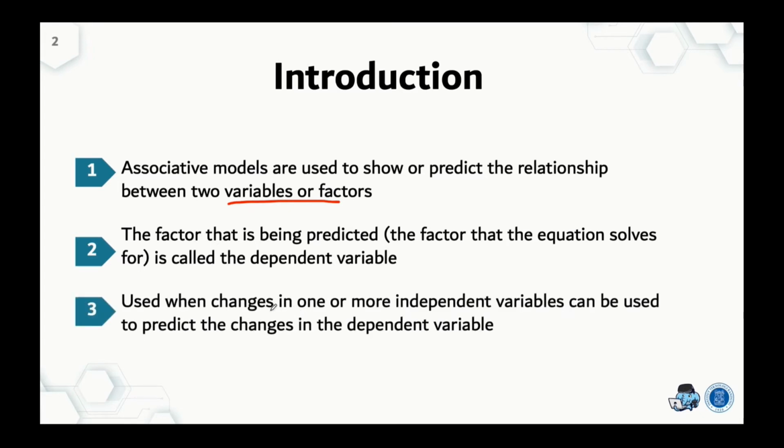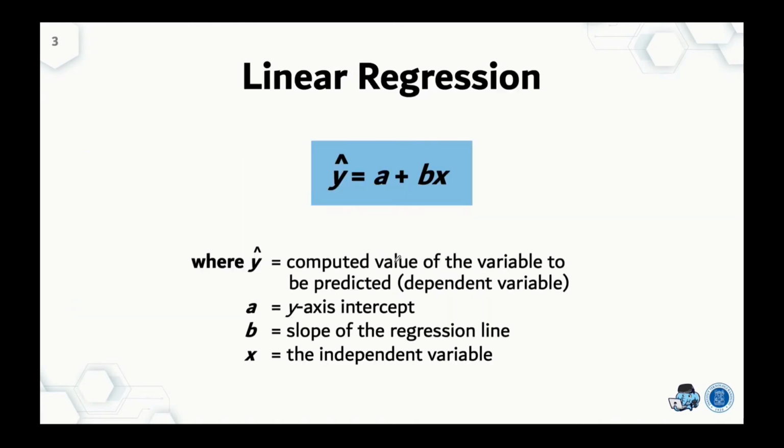And this is used when a change in one or more independent variables can be used to predict the change in the dependent variable. So there is the independent variable, or we call it a predictor, and the dependent variable. This is the variable that we should predict.